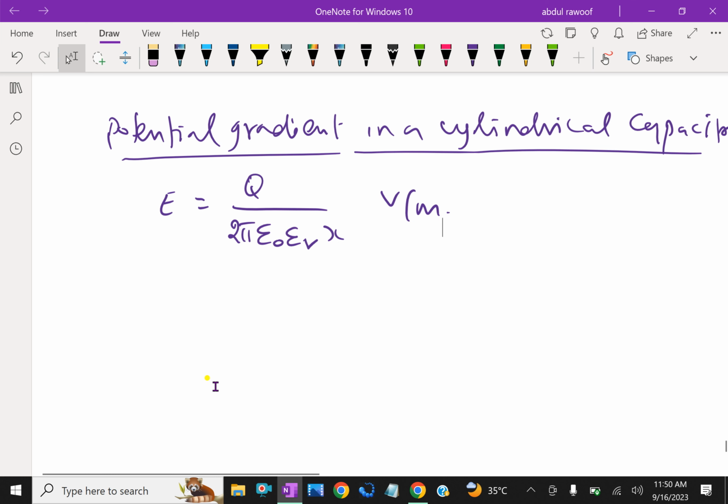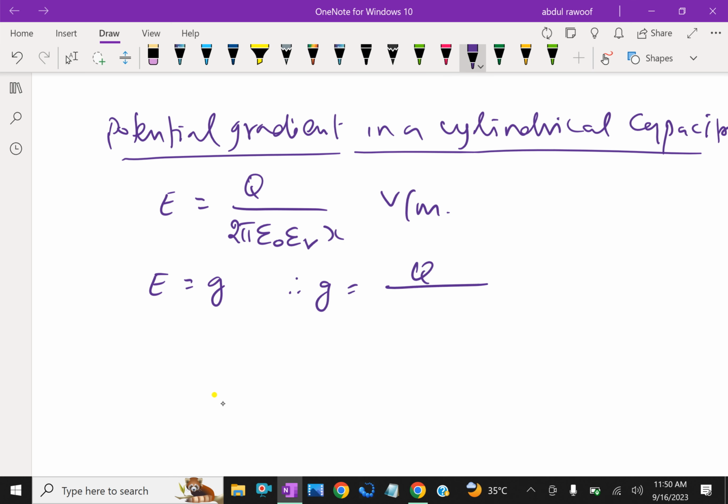Now E is G, the potential gradient. Therefore, G equals Q over 2 pi epsilon 0 epsilon r x volt per meter. This is the potential gradient.